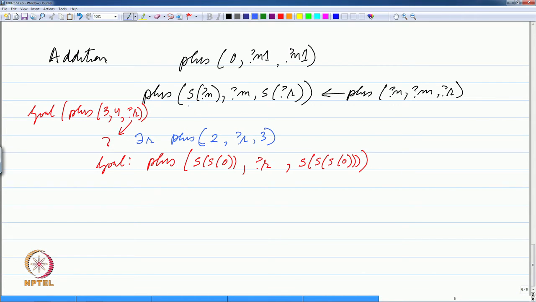You will match the first of the 3 arguments with the first of the 3 arguments here, and this match will be done by n. Let us give it a new name. So, let us put in a new variable n 2.